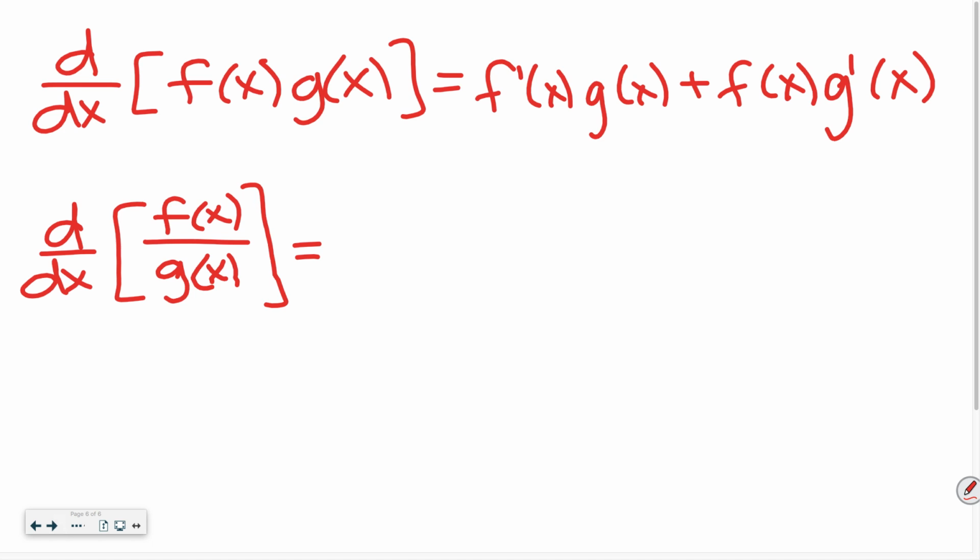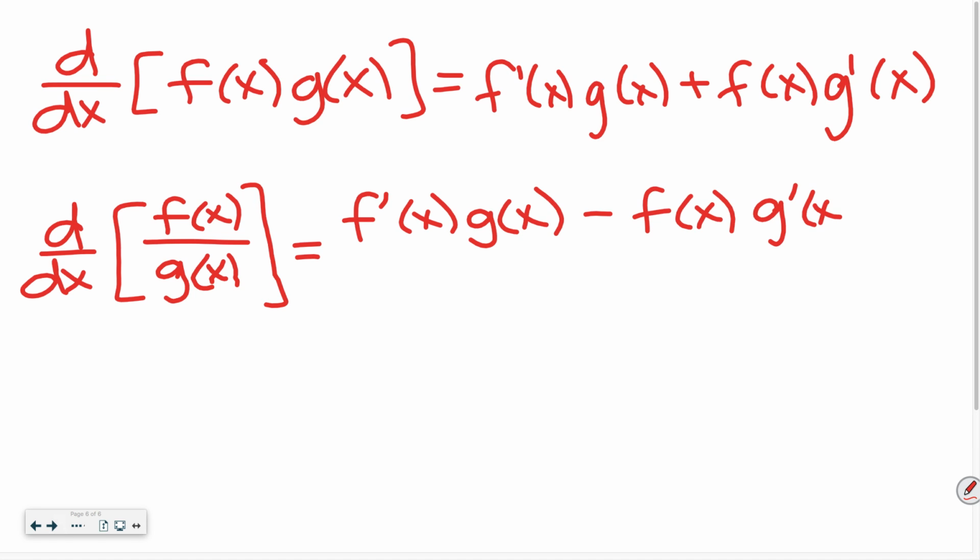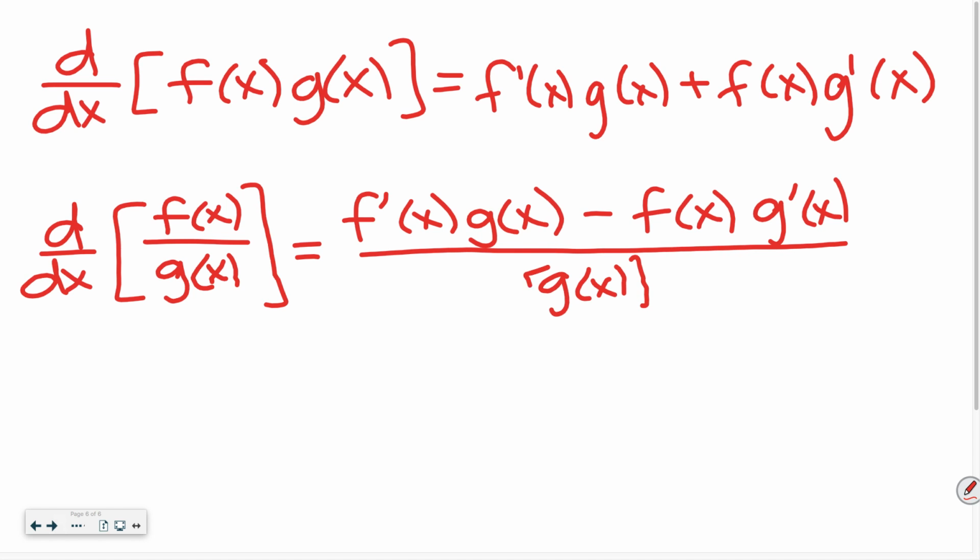Okay, Maddie, what would we do? F prime of x times g of x minus f of x times g prime of x, divided by g of x squared. All without looking at your notes. Good job. You're ready.